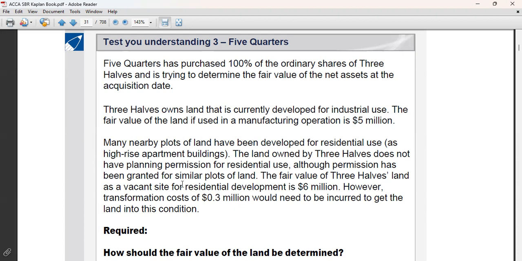One of them was financial feasibility. The other one was legal permissibility. What was the first one? Yes, physical possibility. Now, interpreting that in this question, how will you determine your fair value? How much do you think your fair value is?